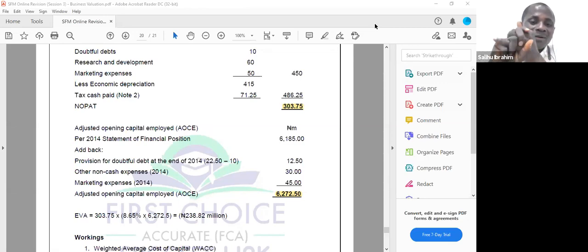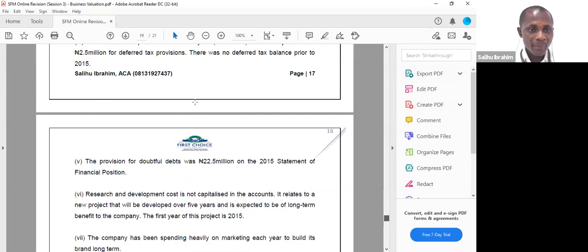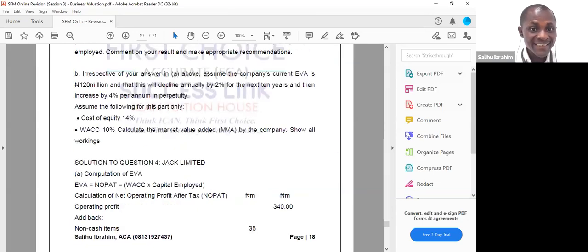Where are you giving work? You're only giving work in requirement B. And the question says for this part alone, please read details. Don't make all these little mistakes. Look at what the question tells you. Look at the requirement. Assume the following for this part only.